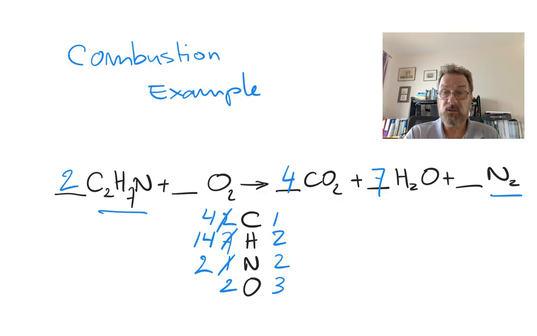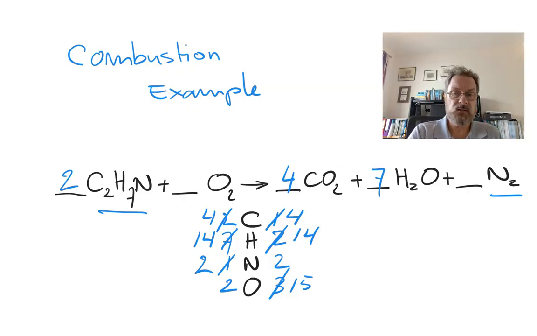We haven't looked at the oxygen yet. Over here we end up with 4 carbons, and we end up with 14 hydrogens, all good so far. But in terms of oxygens, we end up with 8 plus 7 is 15 oxygens.